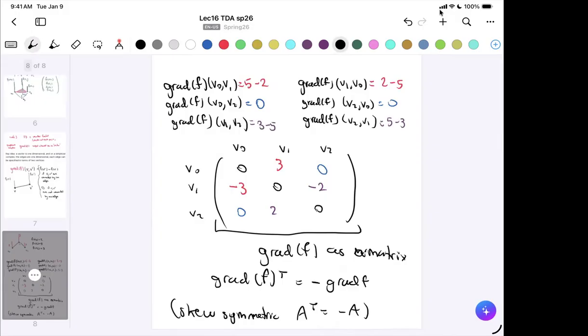The more abstract representation is the more elegant, which is just a comparison of values. The gradient stores the information about the differences in the values of the function at the vertices. And that's how it is more related to the ranking, which we'll start next time.